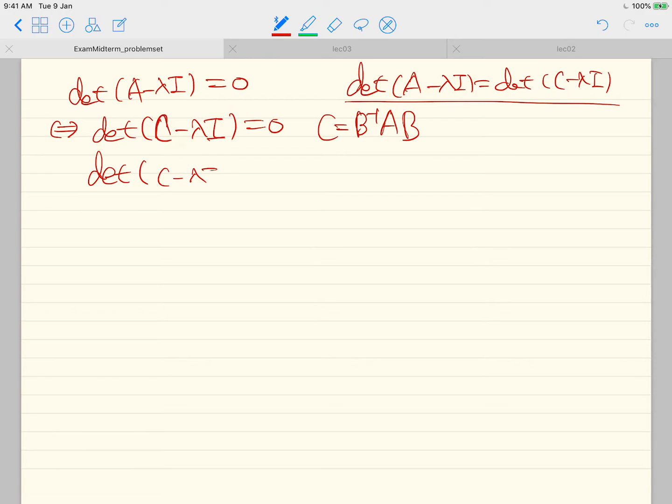So C minus lambda I is B inverse A B minus lambda I, right?